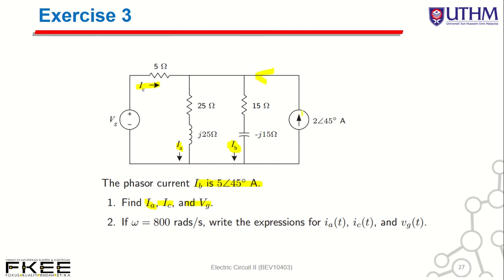How to apply the current divider rule and other rules for solving IA, IC, and VG? You try by yourself first. Number 2, if omega equal to 800 radian per second, write the expressions for IA in time domain, IC in time domain, and VG in time domain.